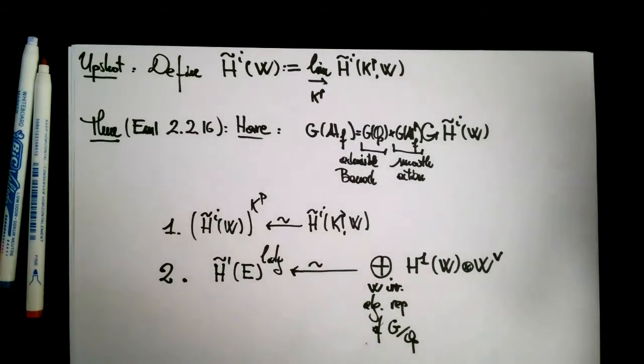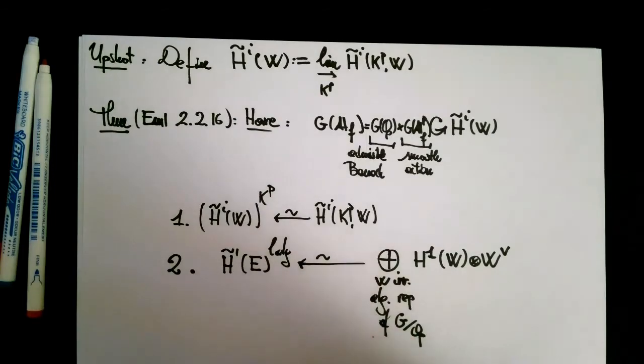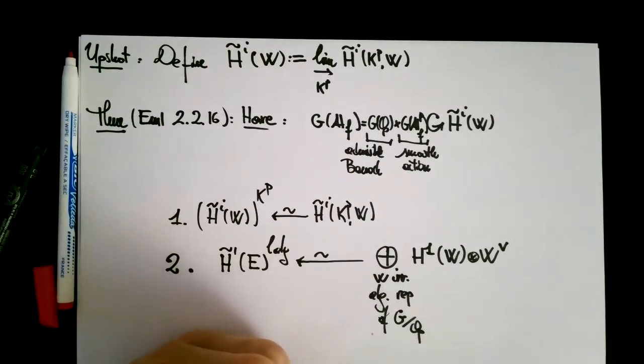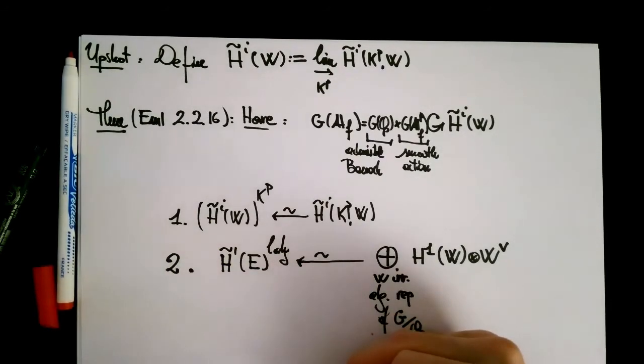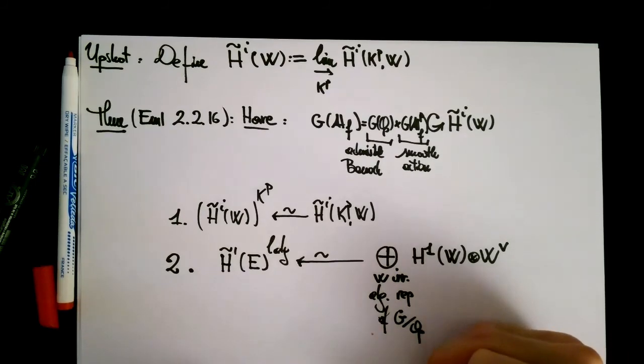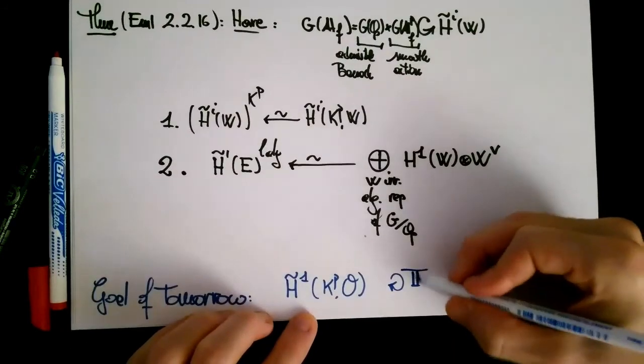All right, so I think I finished my time for today. So the goal of tomorrow: we want to endow this H tilde^1 of K^p O with, first of all, the Hecke action.